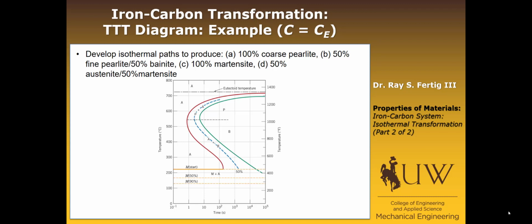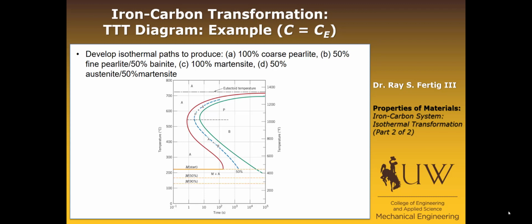For part B, we want to see how we could create a 50-50 microstructure of fine perlite and bainite. For part C, we want to show how to create 100% martensite. And for part D, we want to talk about how to do a 50% austenite, 50% martensite microstructure.